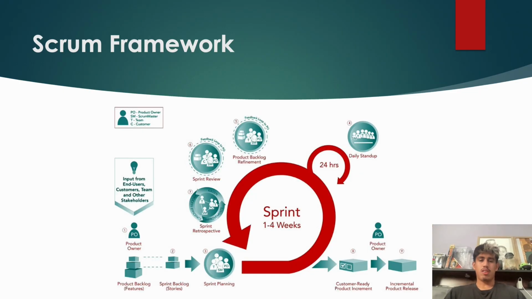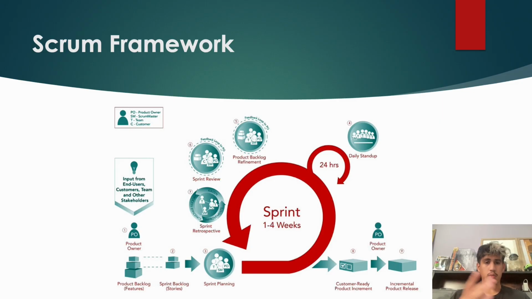Scrum framework. Here I have a diagram of how the Scrum framework works and all the pieces that combine to make it. You've got the product owner, Scrum master, the team, and then the customers. So the product owner, then you go on to product backlog, then sprint backlog, then sprint planning, and the sprinting is all through a 1 to 4 week process.